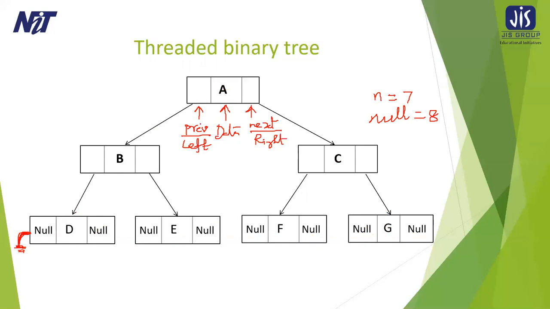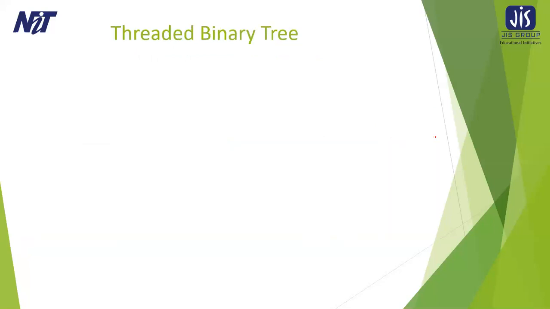And how many non-null pointers? 1, 2, 3, 4 and 5. So 5 pointers are present that are not null. So number of nodes is 7, number of null pointers is 8, and number of normal pointers is 5.